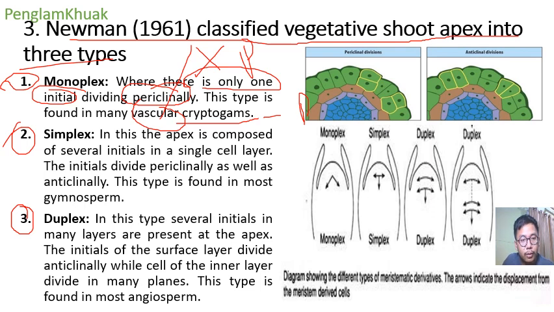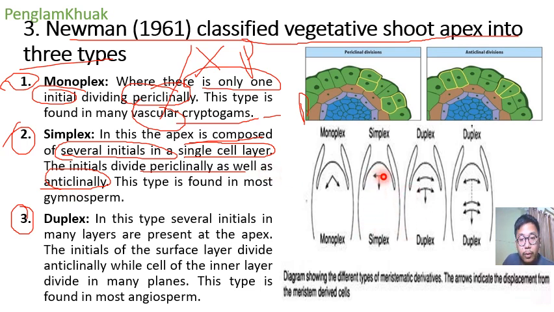Number 2, simplex. In this, the apex is composed of several initials, more than one initial, but in a single layer, and the initials divide periclinally as well as anticlinally. This is the picture.